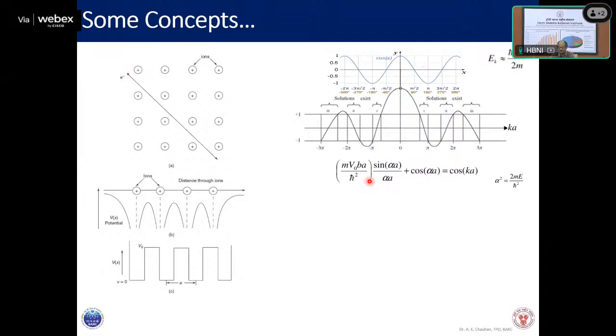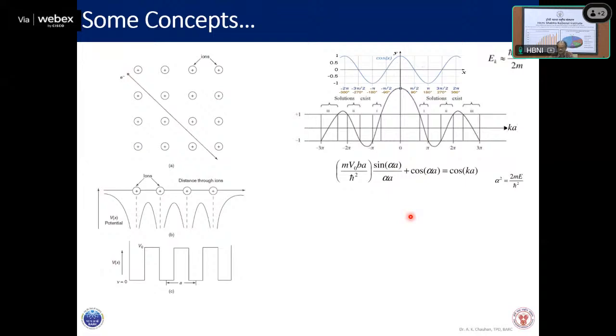So this curve, the left hand side I have drawn, and the right hand side I have drawn above. You see the right hand side, which is cos k, we know from basic trigonometry that cos cannot have a value more than 1. So whenever this curve is going above +1, or whenever it is going below -1, in that case the solution will not exist.